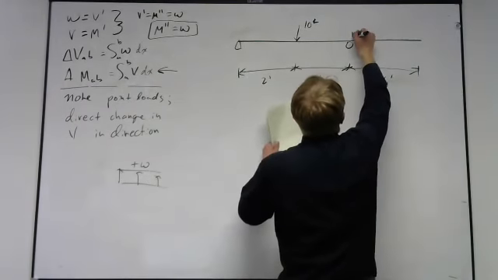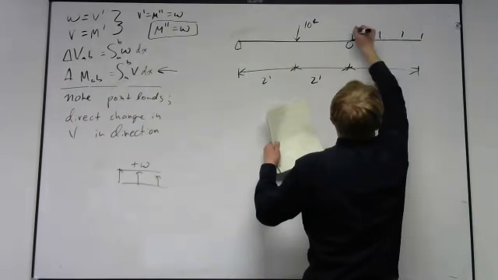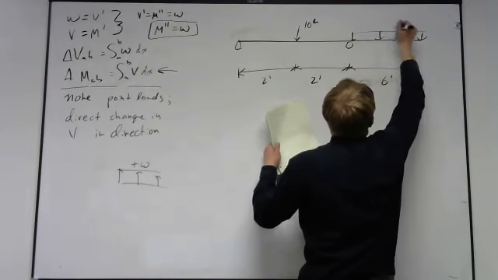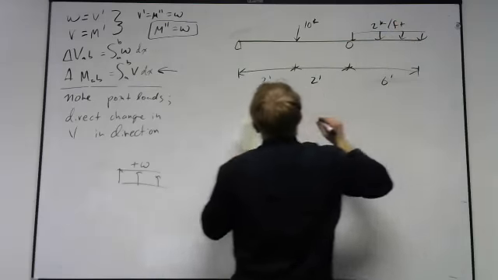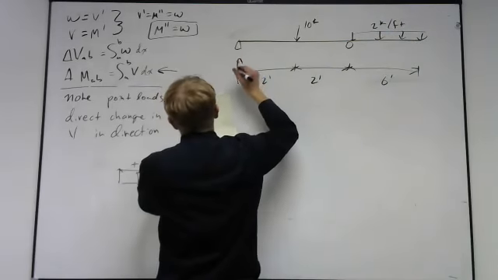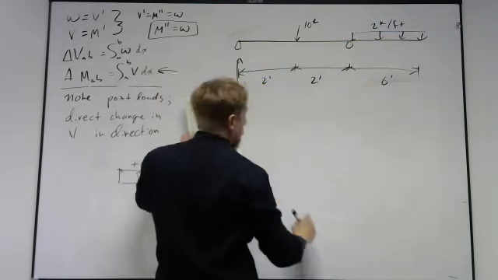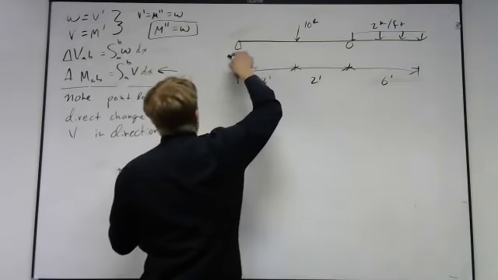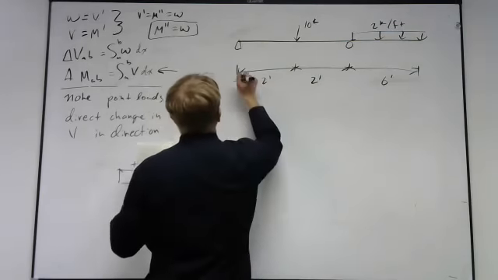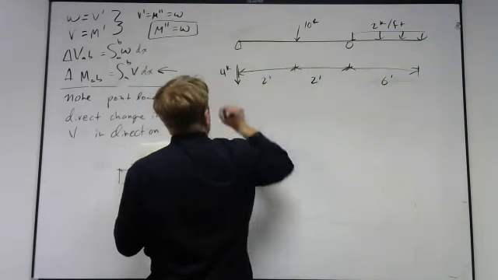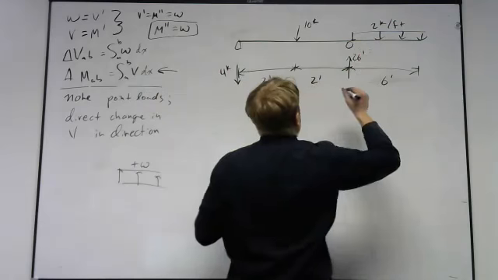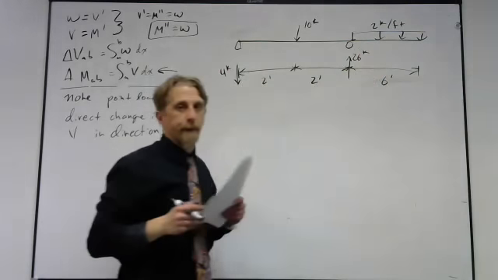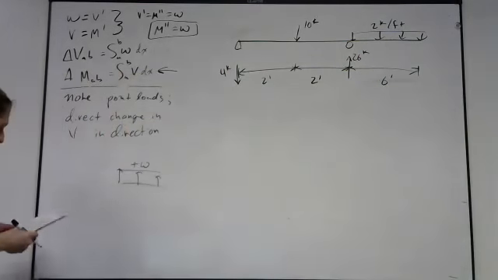I've got a distributed load here, 2 kips per foot. Reactions are, oh, this one's going down. 4 kips going down, 26 kips going up. I think this is similar.